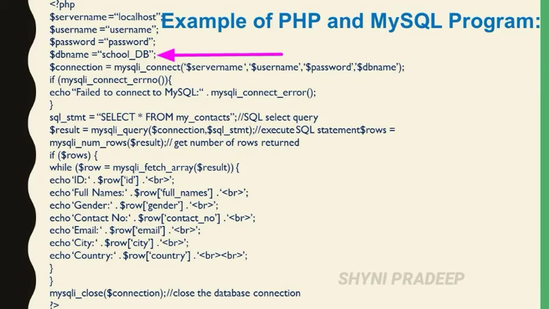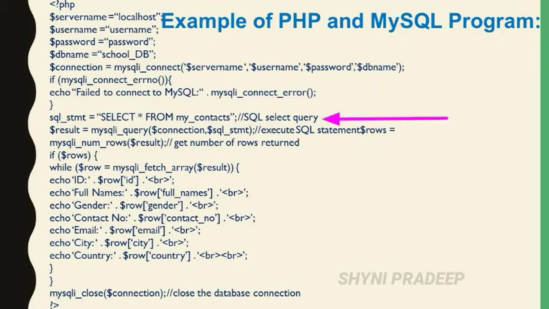Next you have to connect to that database server: connection is equal to MySQLi connect. After that check your connection, which means check whether the database is connected properly or not. If the database is not connected properly, it will display failed to connect to MySQL. Otherwise, it will display connected successfully.